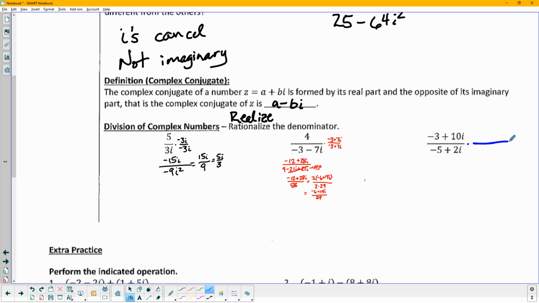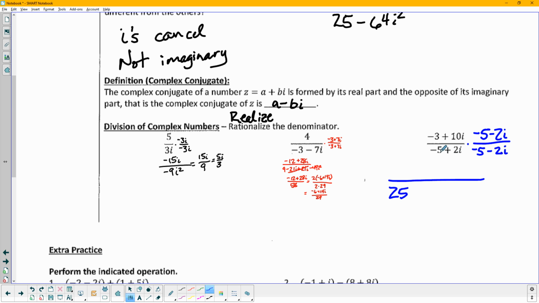Last problem that we'll do, again, I want to look at this process of rationalizing or realizing the denominator by multiplying by the complex conjugate of the denominator, and that's going to give us -5 times -5 is going to be 25.